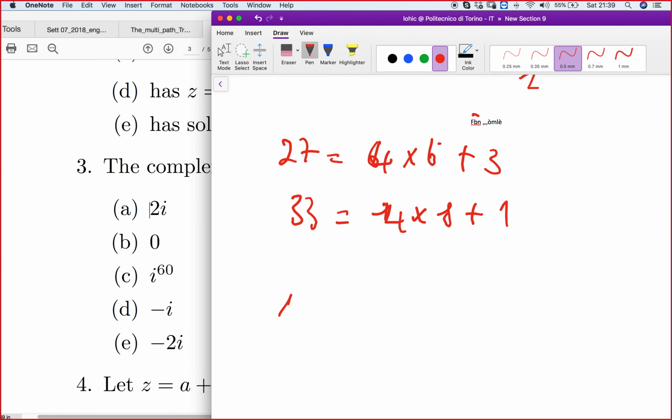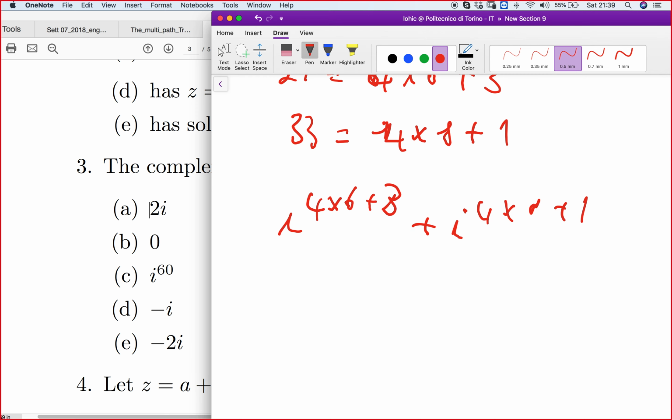So you can rewrite the number as i to the power 4 times 6 plus 3, plus i to the power 4 times 8 plus 1, right?